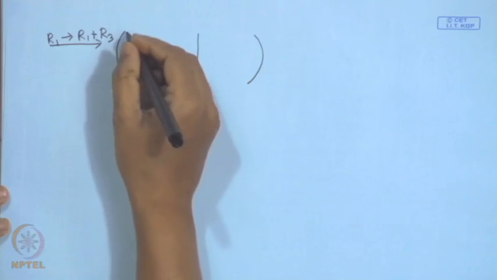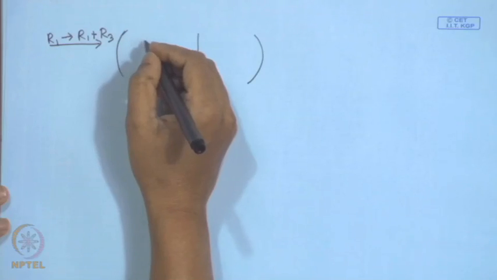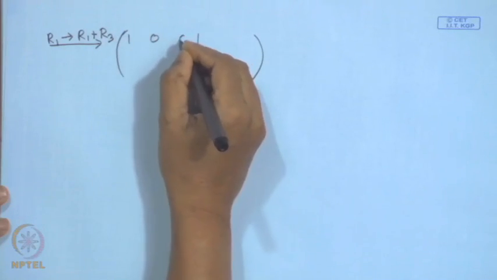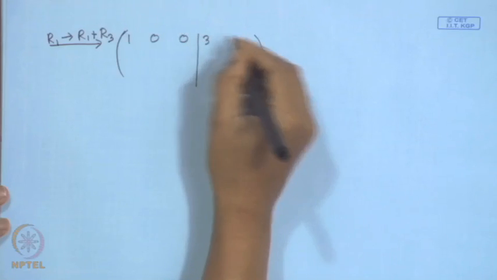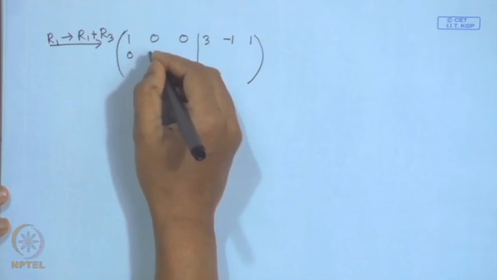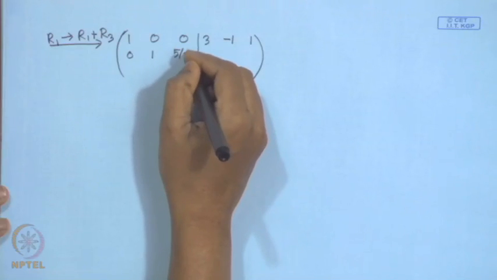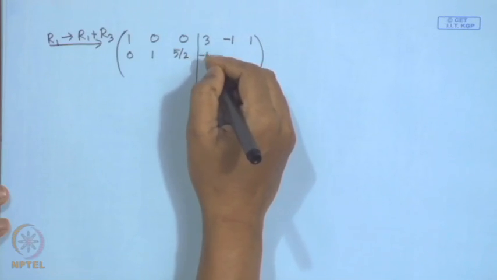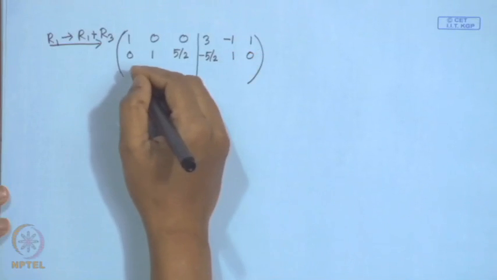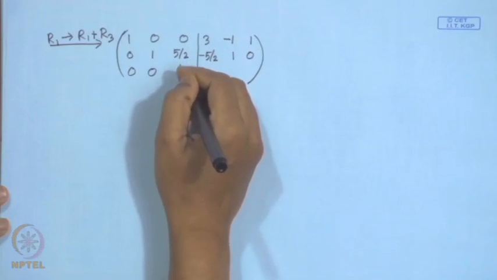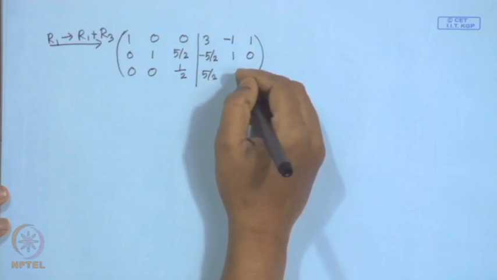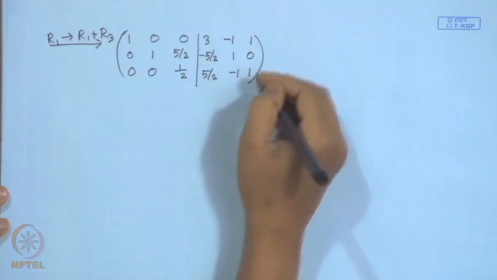So, we get this: 1 0 0 3 minus 1 1, 0 1 5 by 2 minus 5 by 2 1 0, 0 0 half 5 by 2 minus 1 and 1.